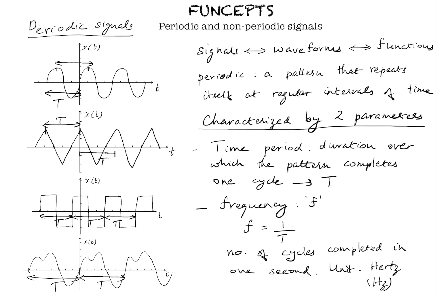So if we say that a waveform has a frequency of 1 Hz, that means it completes one cycle in 1 second. If it is 10 Hz, it means it completes 10 cycles in 1 second.